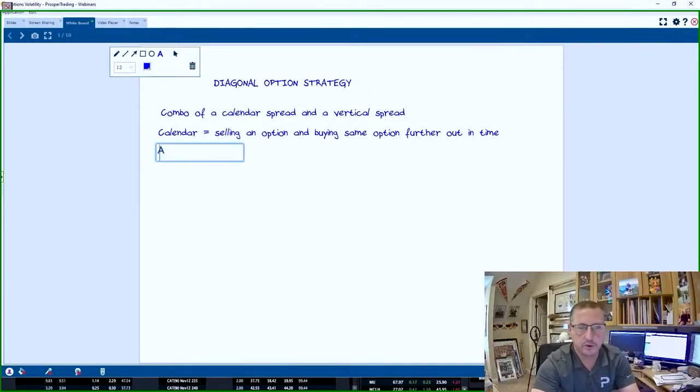However, we also know what a vertical is. A vertical is using a spread with the same expiration and two different strikes.